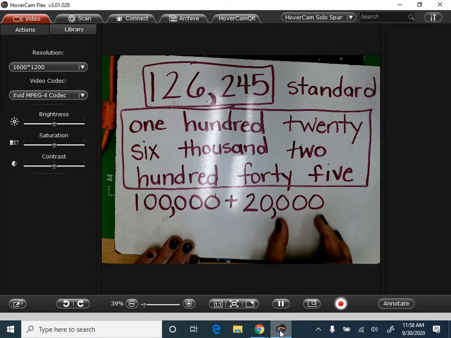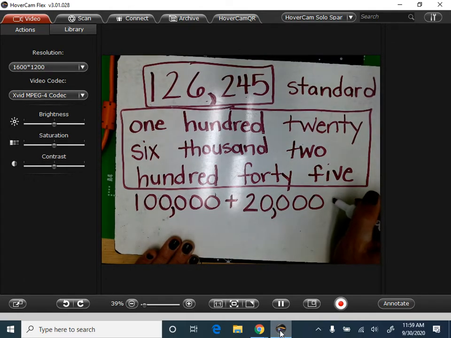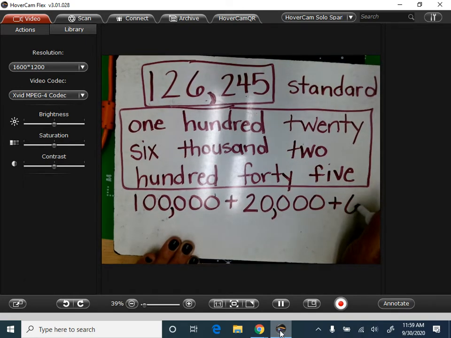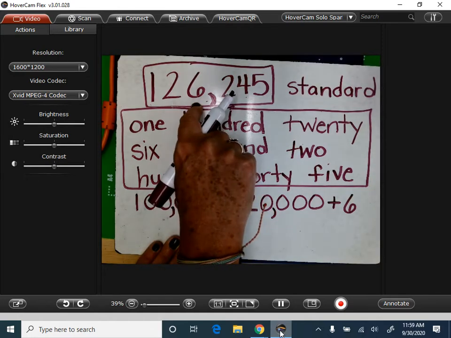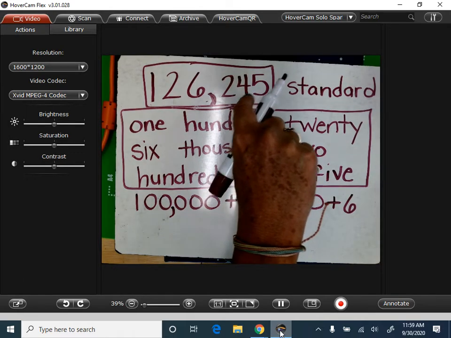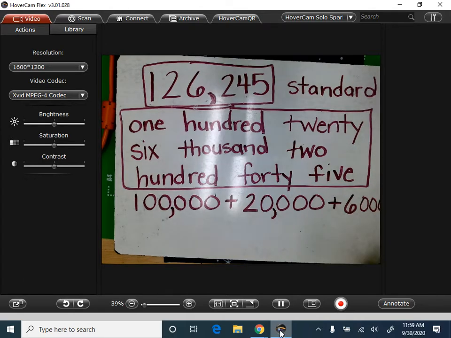There's only 3 digits in a house or family. This is 20,000. I'm going to add the next digit. Write my 6. What is the value of the 6? It's in the 1,000s place, so there are 6 1,000s, or I can count the places.